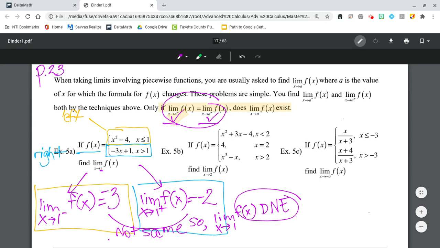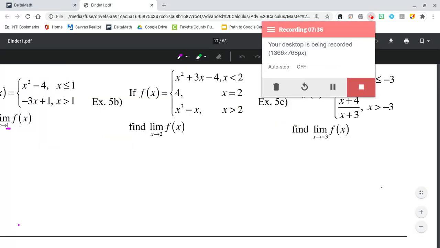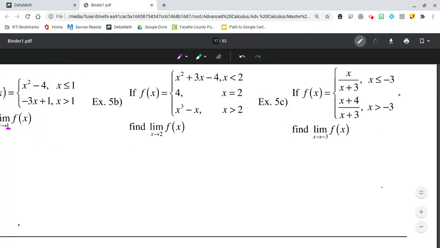Okay, now let's look at the second example. Let me erase all this. Looking at the second example, I am this time trying to find the limit as x approaches 2 of f of x.